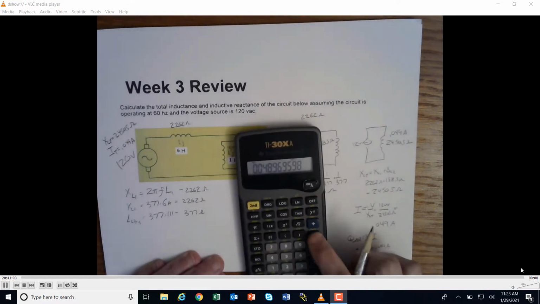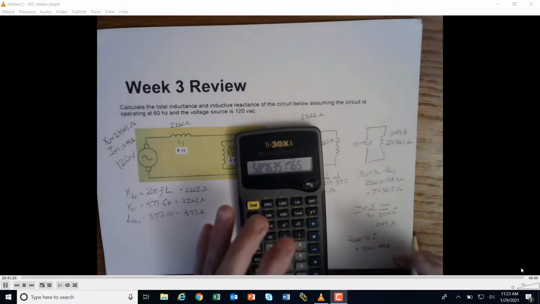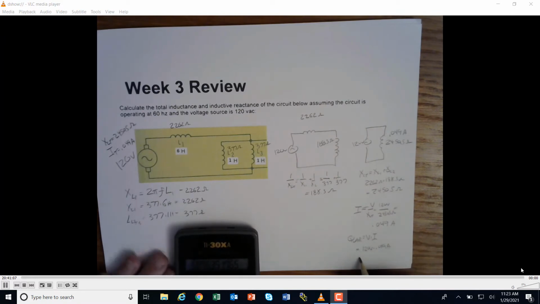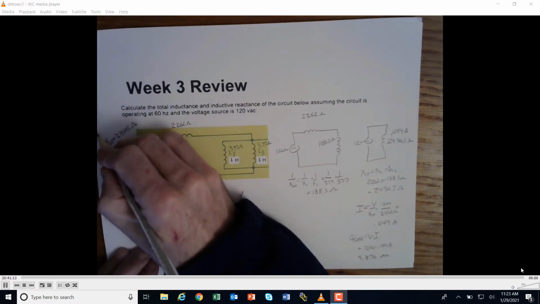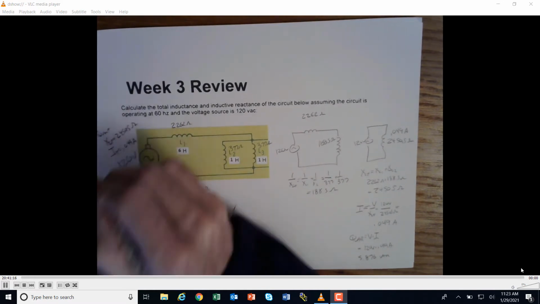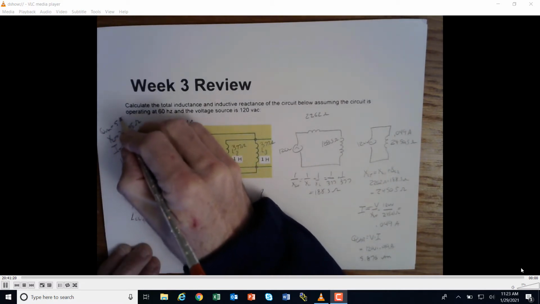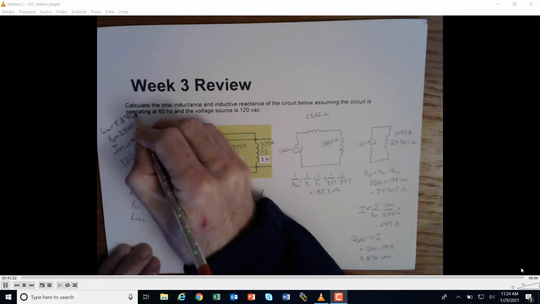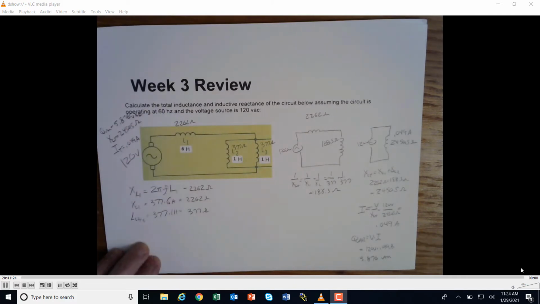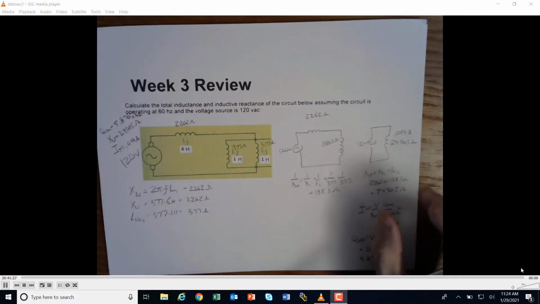So I take this times 120, I get 5.876 VARs. Okay, so my QVAR is 5.876 VAR. Okay, so now it's just like we learned before.